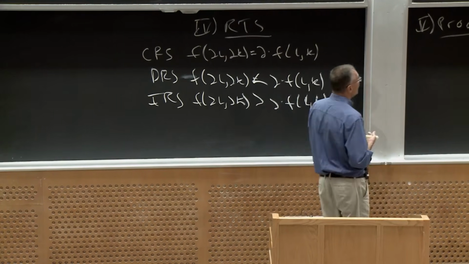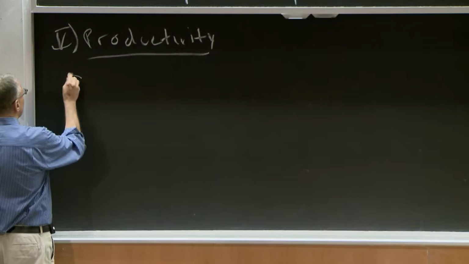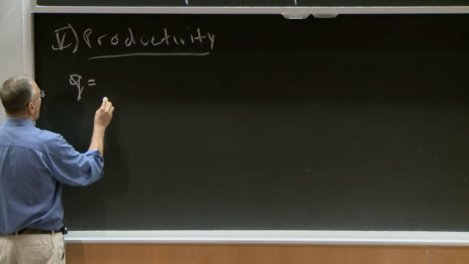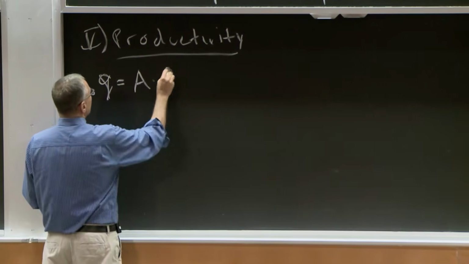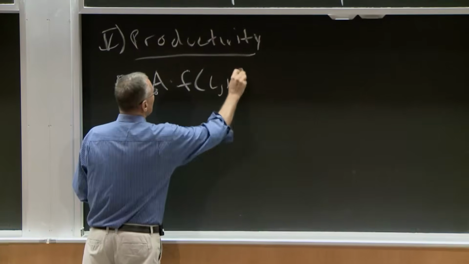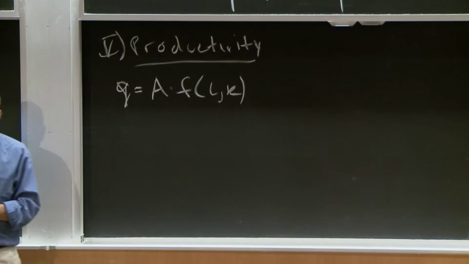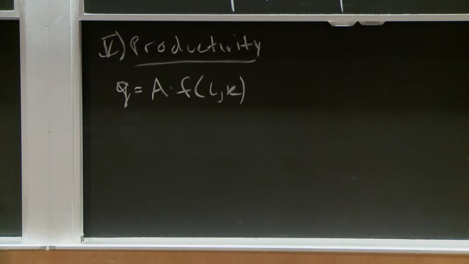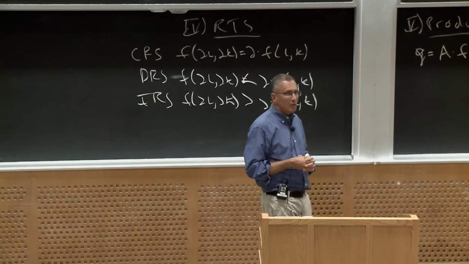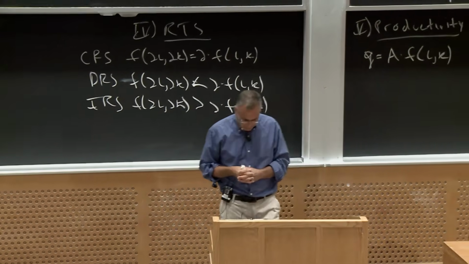So what this says is we should really think about writing production functions as Q equals A times F of L and K, where A is a productivity factor. Okay? Basically, there's an extra piece which makes the world more productive.